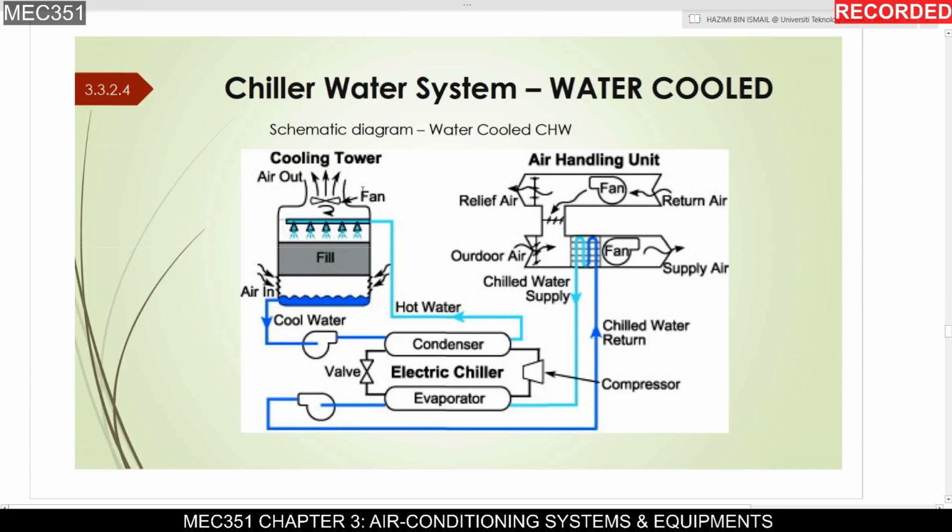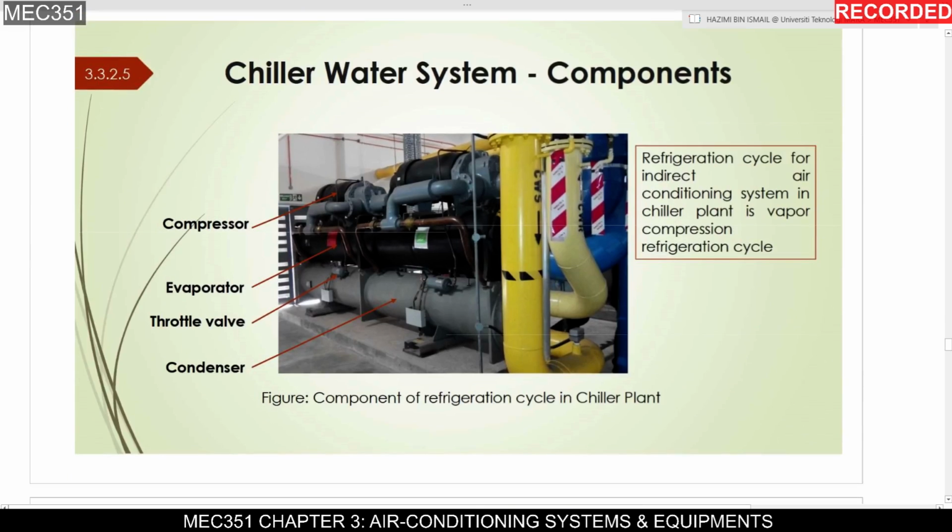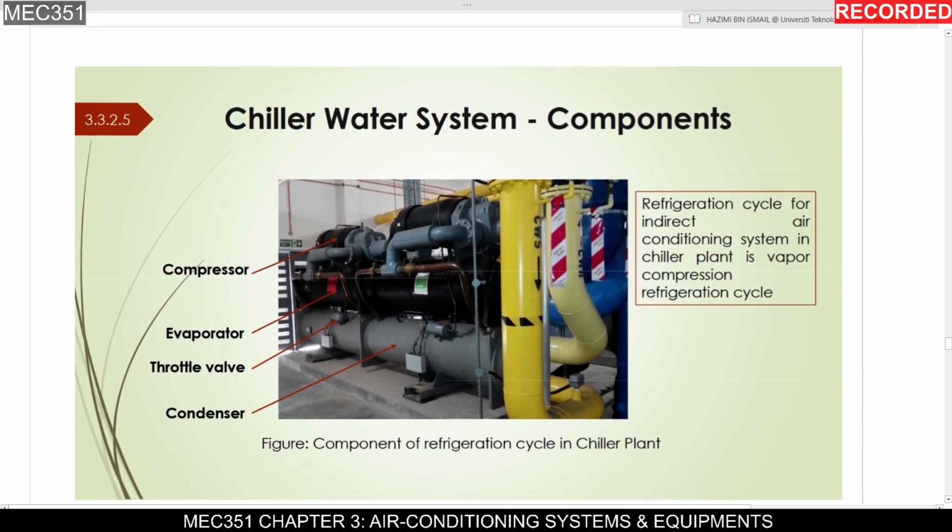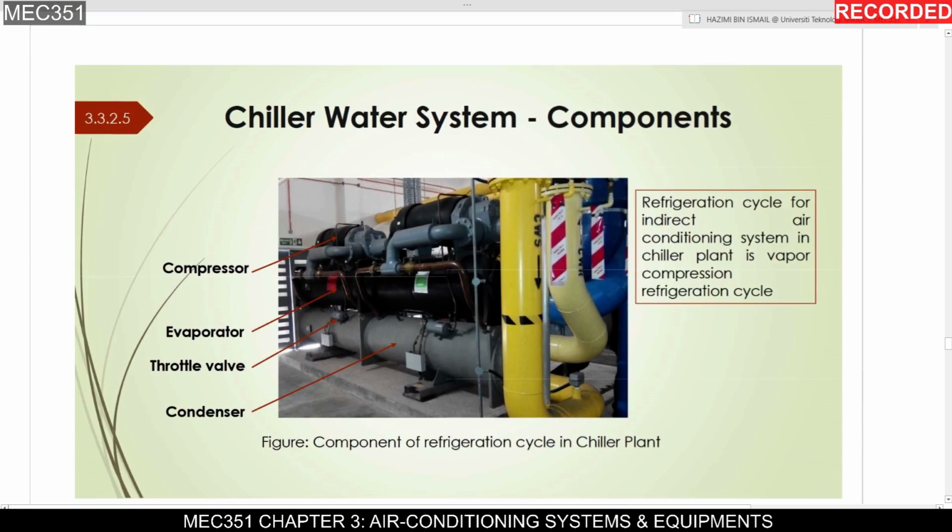So if you choose the chiller water, then you must use the cooling tower. Now this slide shows the chiller system in UiTM Pasir Gudang.